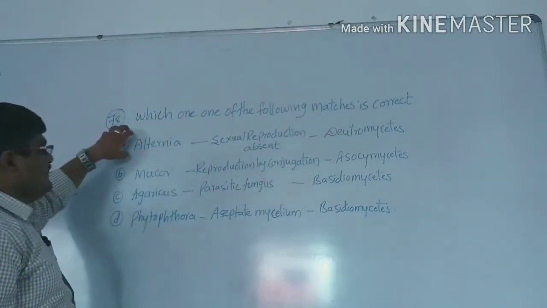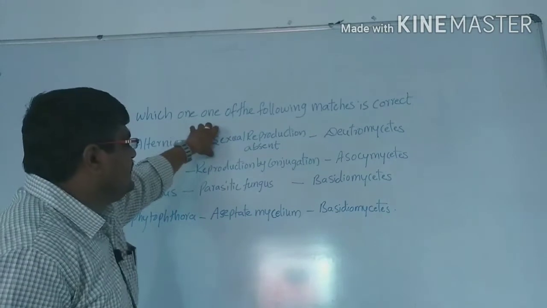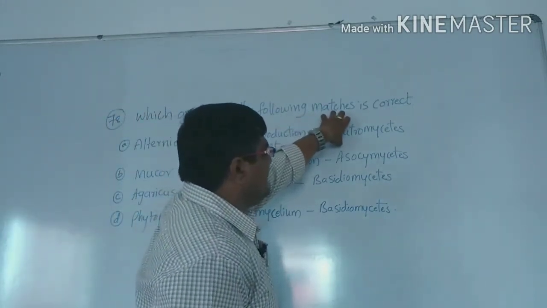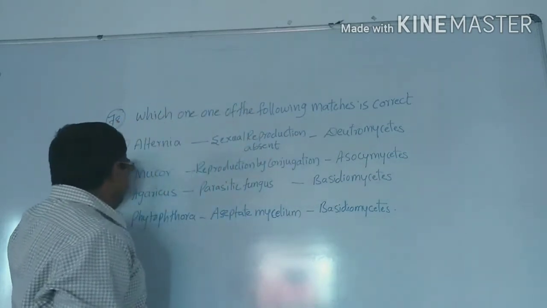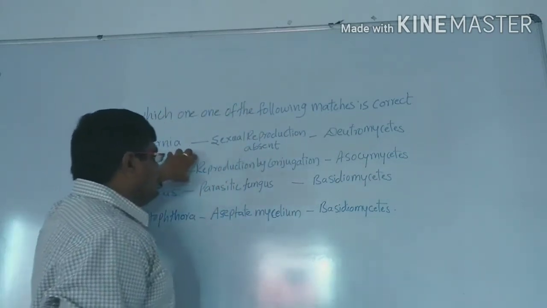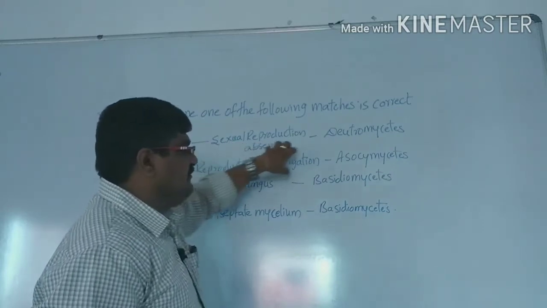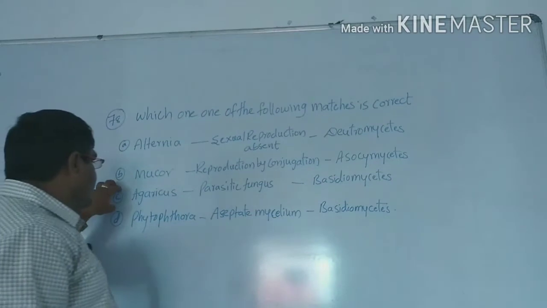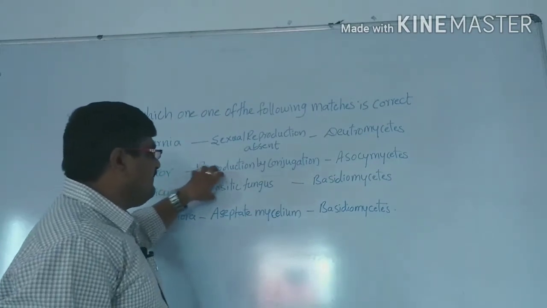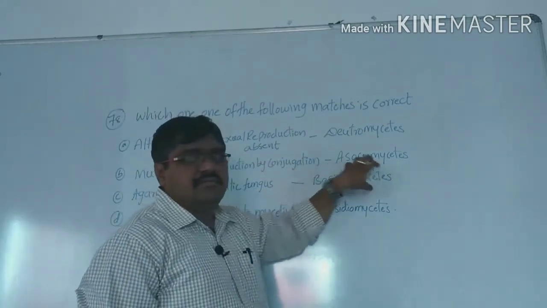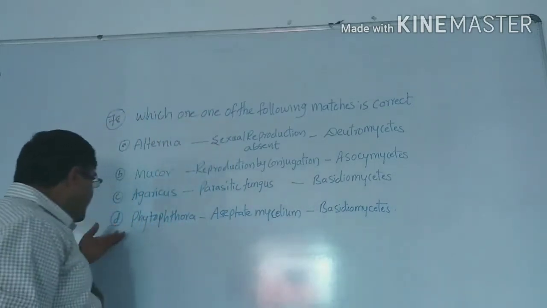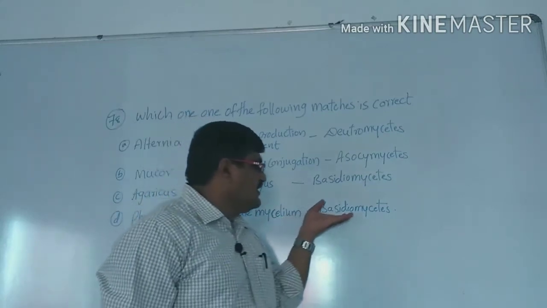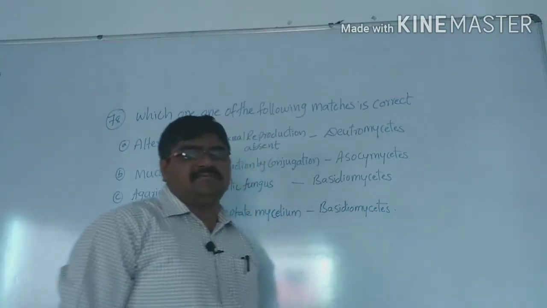Here, first one, Alternaria shows sexual reproduction is absent in class Deuteromycetes, and B, Mucor, reproduction takes place by conjugation, in class Ascomycetes, and C, Agaricus, a parasitic fungus, in Basidiomycetes, and D, Phytophthora, an aseptate mycelium, that is Basidiomycetes.